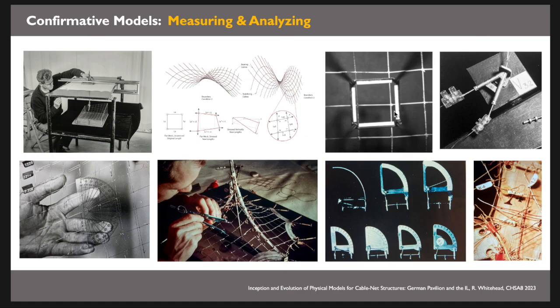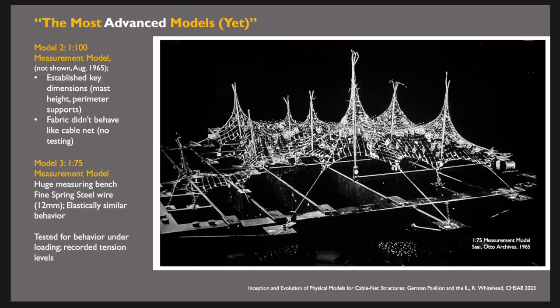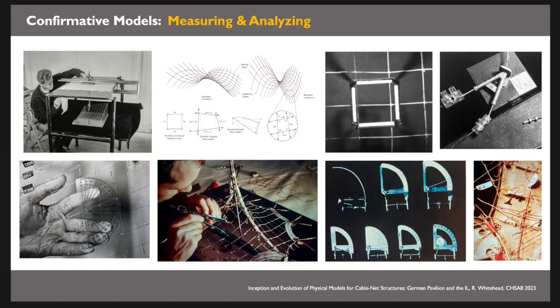They also had to invent tools in which they used a standard square, and they could put this on the model and photograph it to see how much each one of the other squares had changed. They had a system in which they could tension it by pulling screws through this. So the main support cables here, the main ones that are coming down and down and down, they needed to really measure that amount of tension.